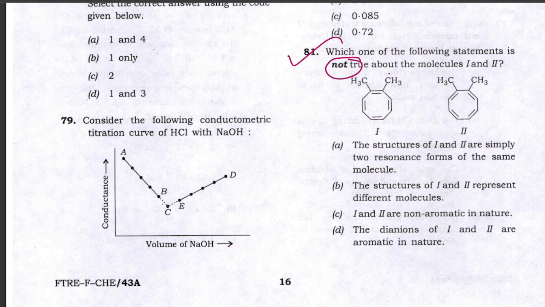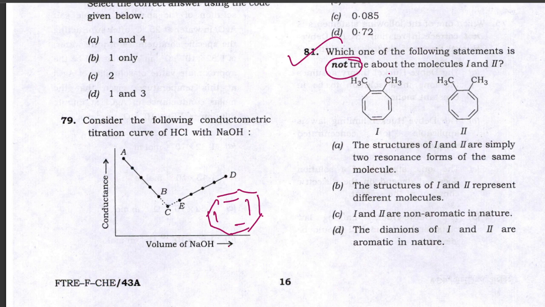Now these two structures are cyclooctatetraene, 2-methyl substituted. If we draw the structure of cyclooctatetraene here, in this molecule there are 8 pi electrons in total, 4 double bonds.